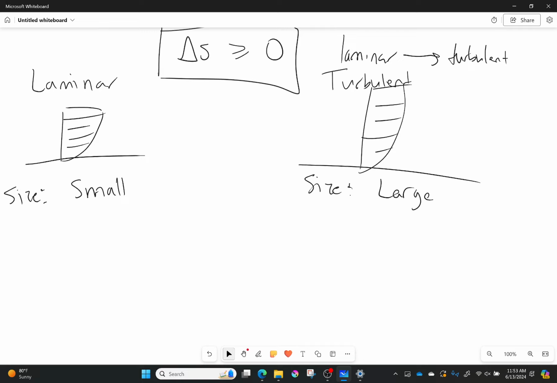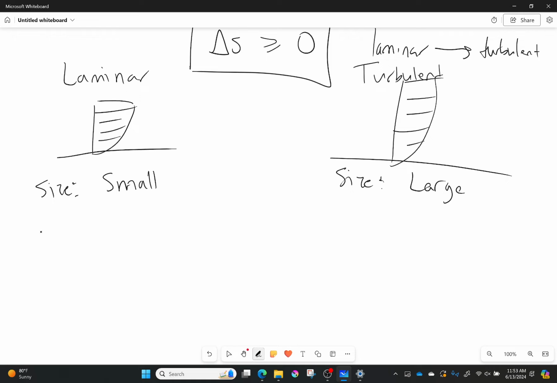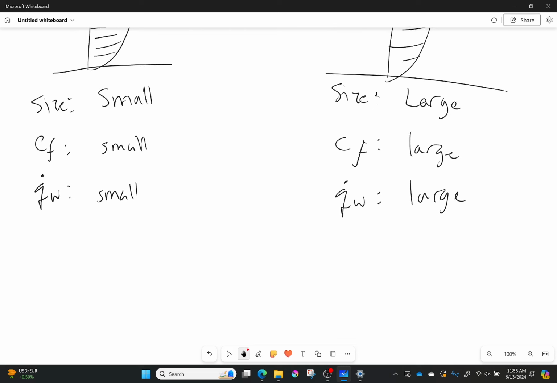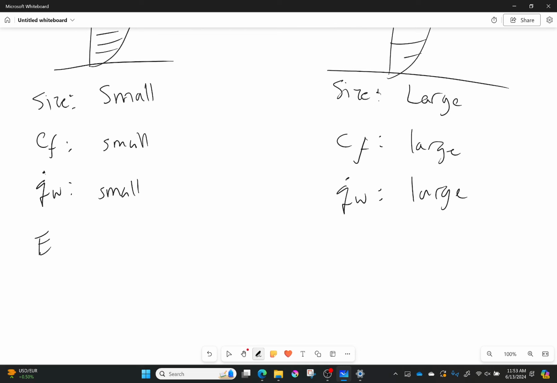Now, what about skin friction, because we care about that. So Cf. My skin friction for a turbulent boundary layer is large, and for a laminar boundary layer it is small. For heating at the wall, for a laminar boundary layer this is small, and for a turbulent boundary layer this is large. And then energy. The energy of a laminar boundary layer is small, but the energy of a turbulent boundary layer is quite large.